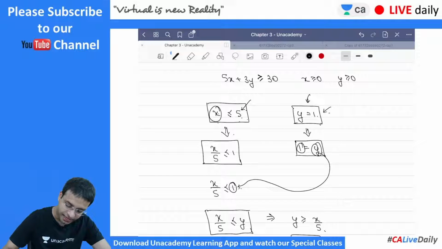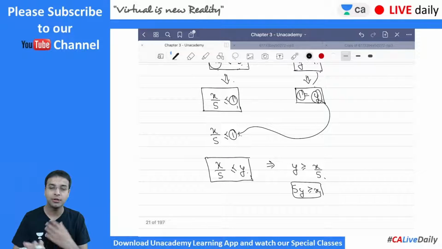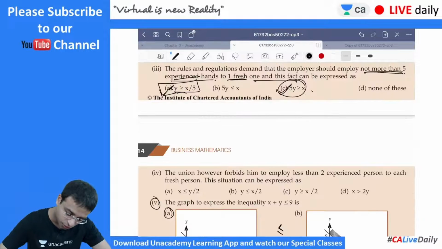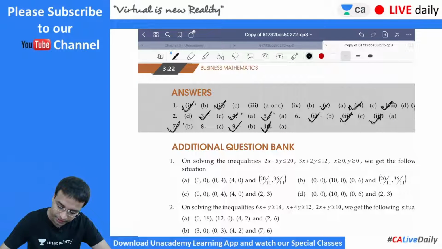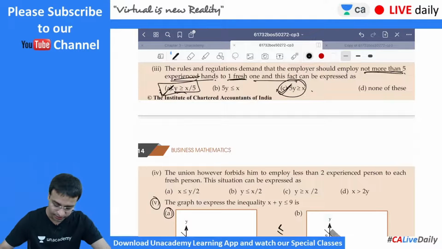So x by 5 is less than or equal to 1 and 1 is equal to y. Then in place of 1 over here, I just substituted y, and then it's just a matter of changing the positions. So option A or C, both are correct. Question number 3, answer is option A or C, both are correct.